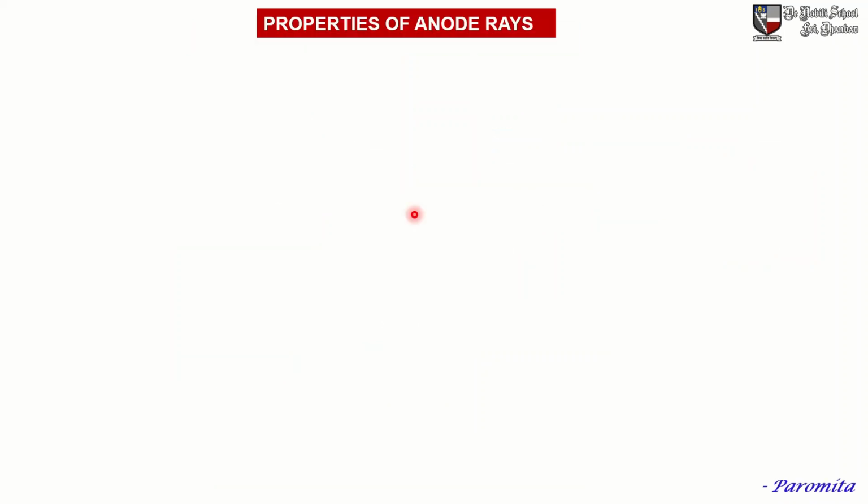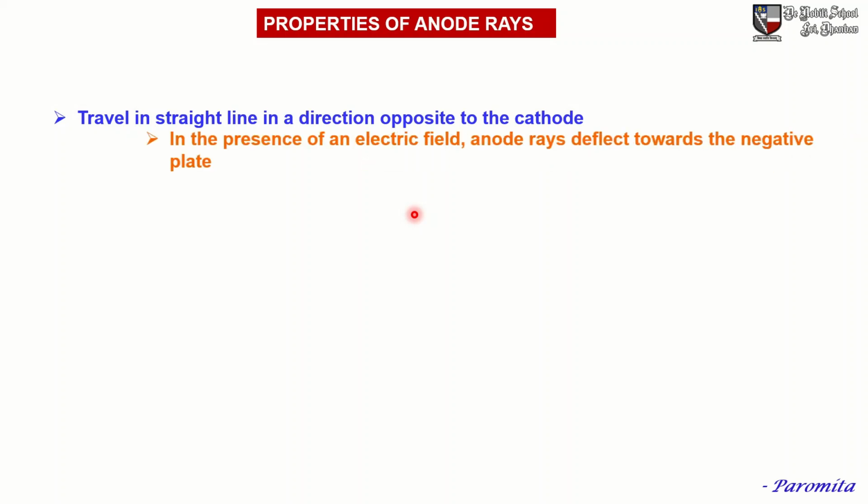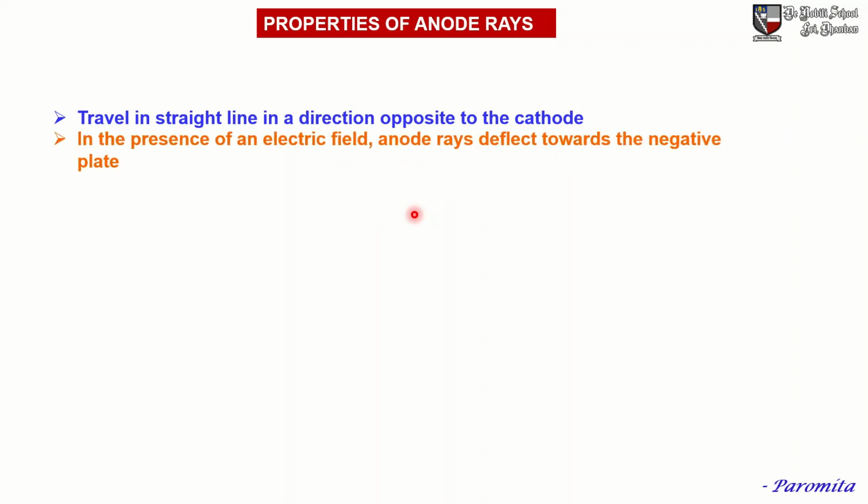Let us discuss the properties of anode rays or canal rays. Anode rays travel in a straight line in a direction opposite to that of the cathode rays. In the presence of an electric field, anode rays deflect towards the negative electrode.